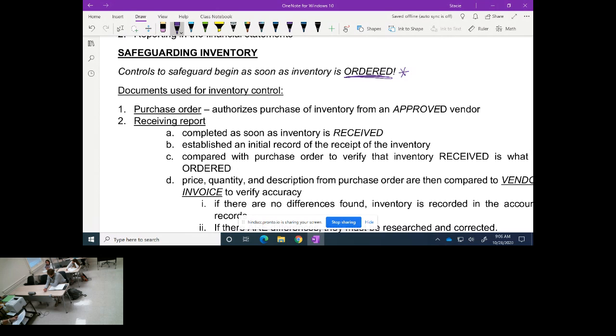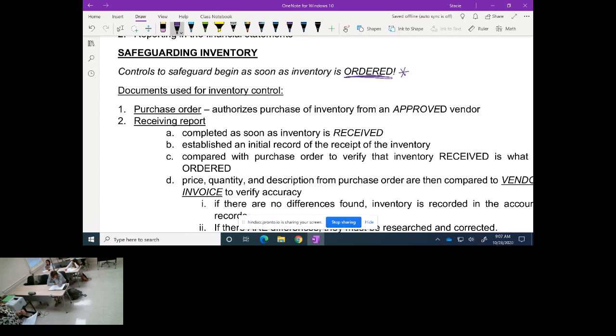So, locking high-priced inventory in cabinets. Jewelry stores, they're going to have their jewelry locked in a case under glass. They're not just going to have it out loose. Having security cameras, those tags that beep when you go out the door, security guards, whatever. Just using measures to keep your stuff safe, discourage theft.